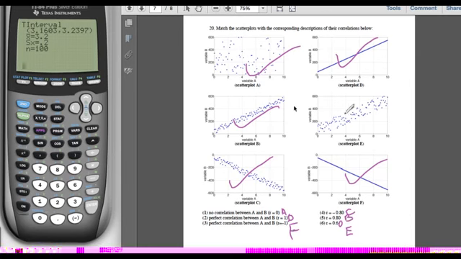On scatter plot E, there's a little bit more scatter, so we would say it's a moderate relationship here. And this goes back to Chapter 4.